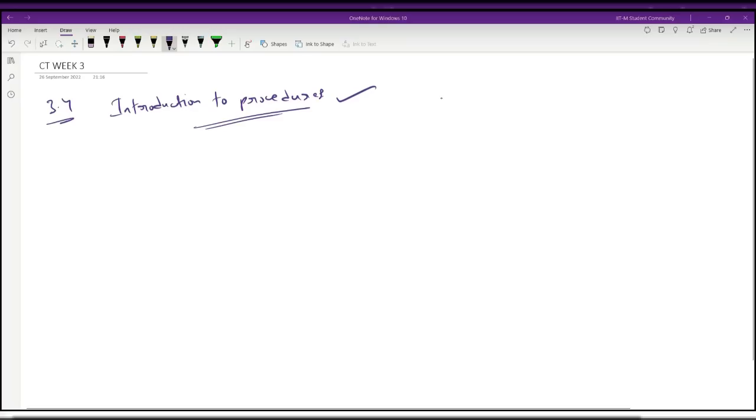Can someone make a guess regarding the definition of a procedure? The way something is done, like a definite set of process which you follow. Yes, you're right. Any others who could give a definition like this?